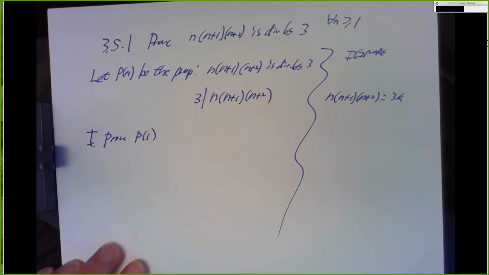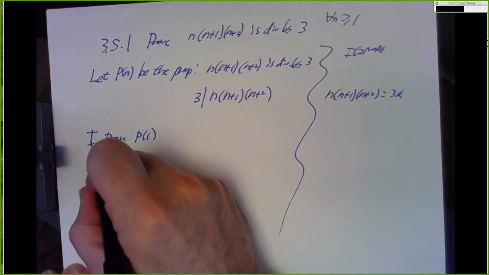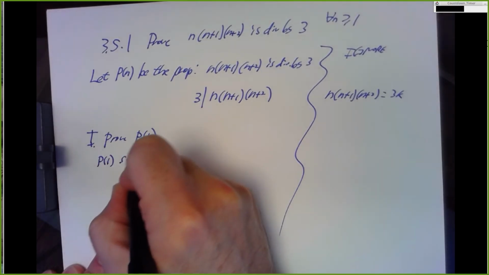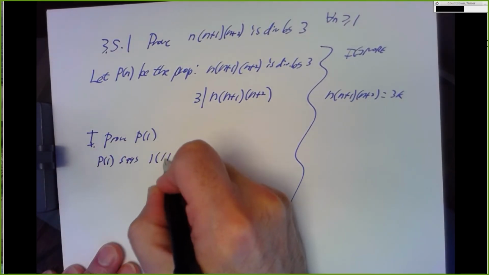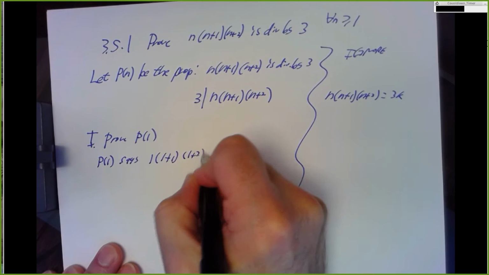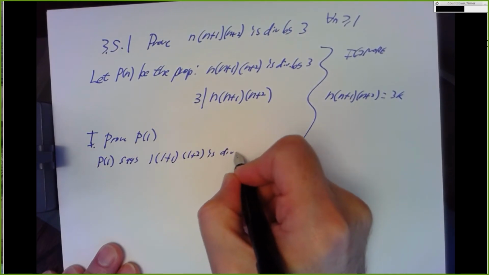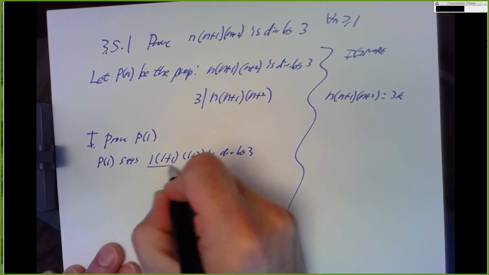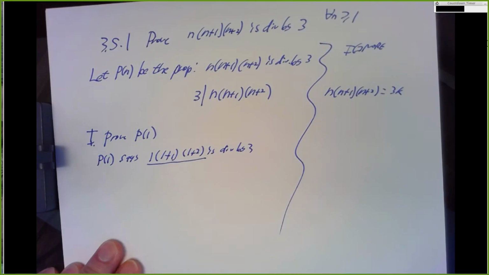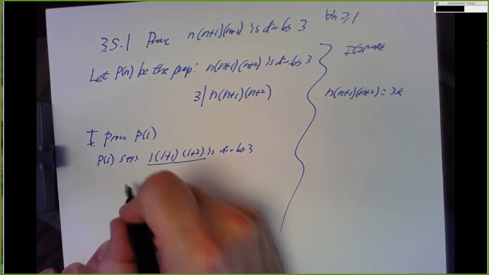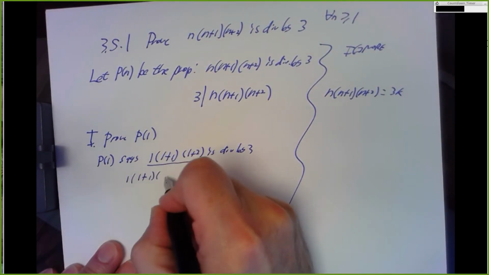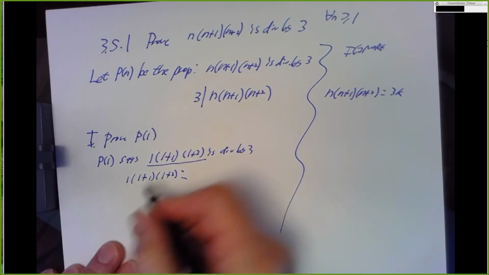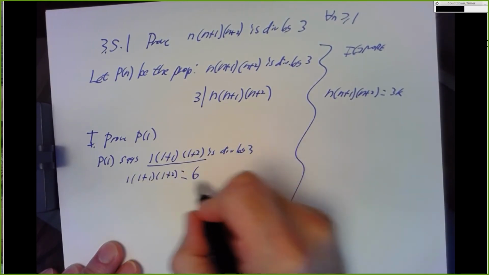Alright, well let's prove P of 1 since we're here right now. So what does P of 1 say? It says that this number is divisible by 3. Well, 1 times 1 plus 1 times 1 plus 2, that's just 1 times 2 times 3 equals 6.